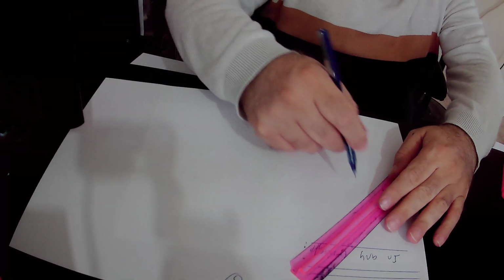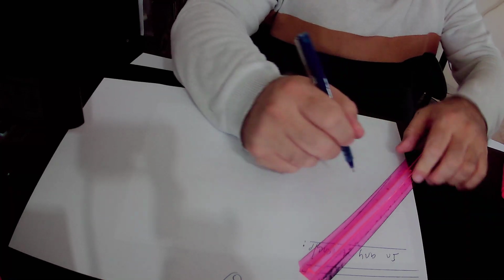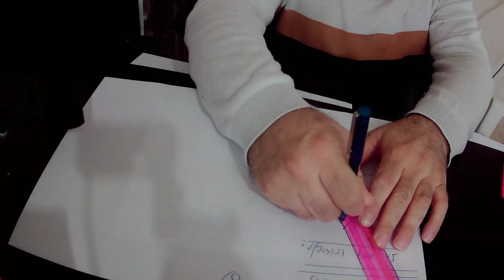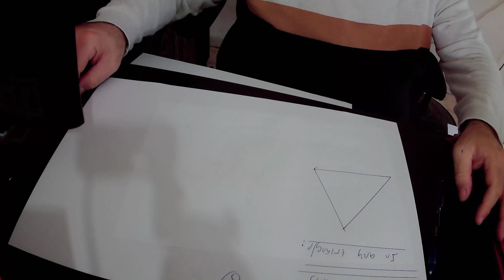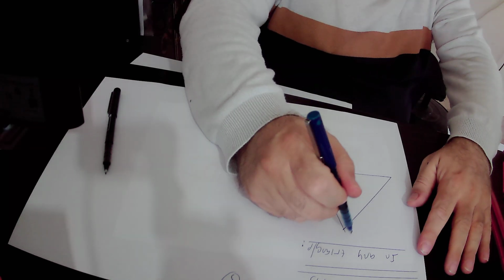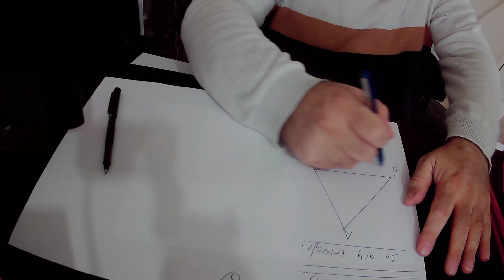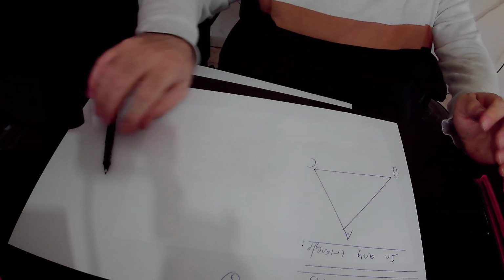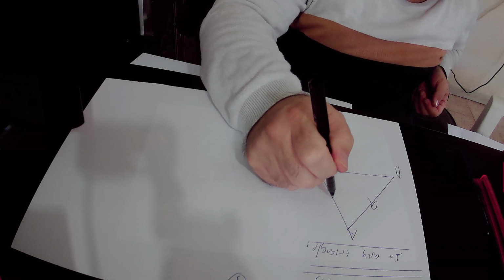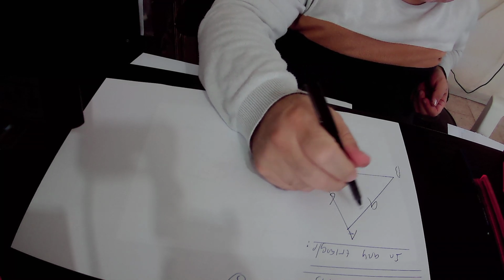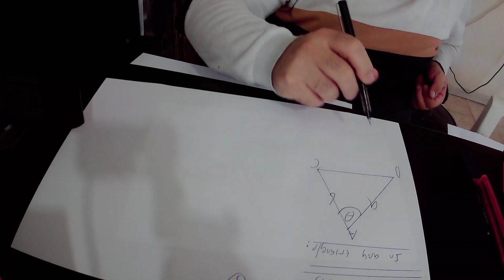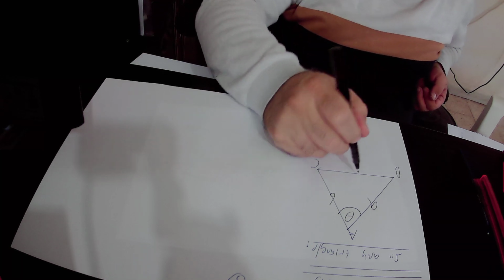So if we have triangle ABC that could be any triangle, we know that the length of side AB is A units, side AC equals B units in length, and the angle between side AB and side AC is theta, and side BC equals C units in length.